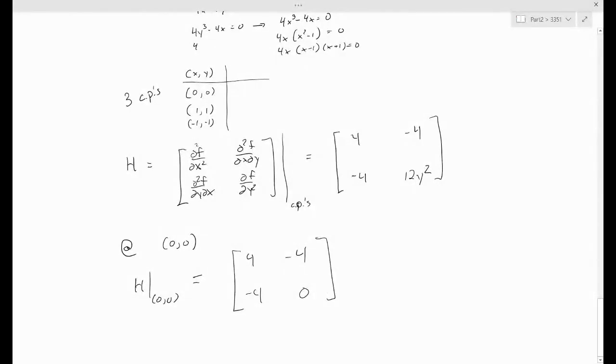Okay. So is this Hessian going to be positive definite, negative definite? Neither.